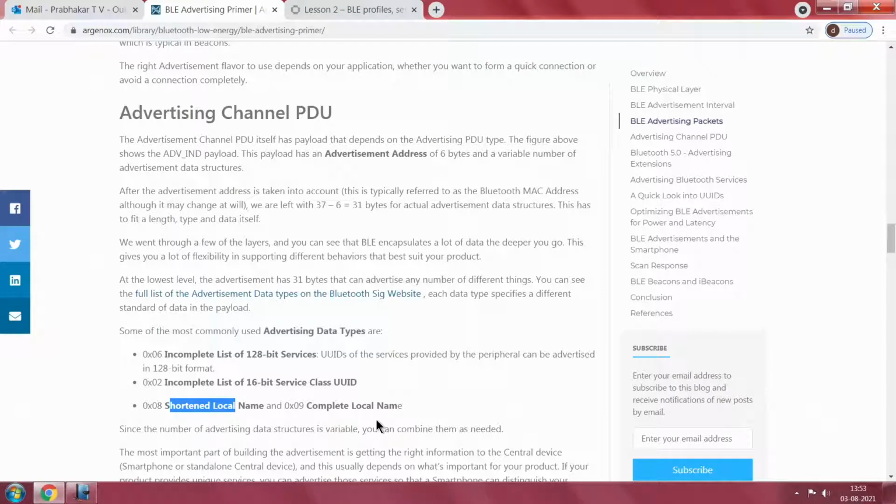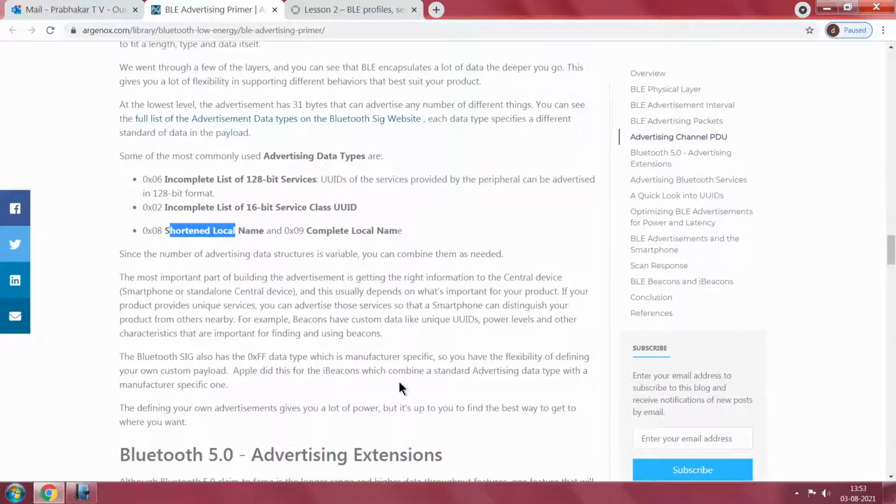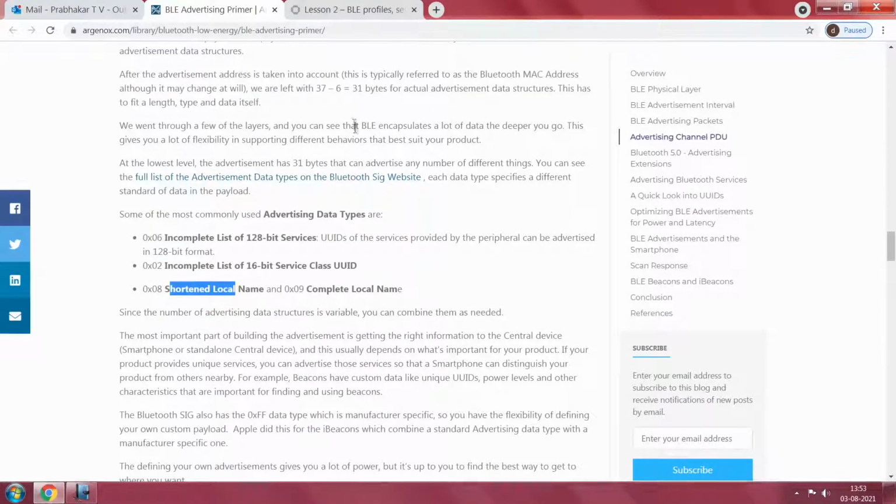You can go and look up the structures even more, you will realize that there is much more information about what we are actually discussing here. Now you can see out of 31 bytes, depending on what you are putting into the payload, the advertising data type already takes away 128 bit and 16 bit, and that is additional 16 bytes there.